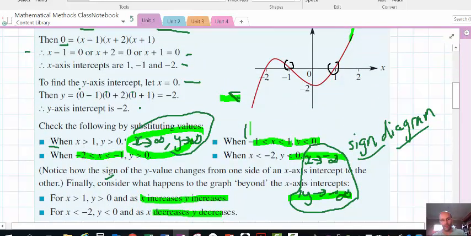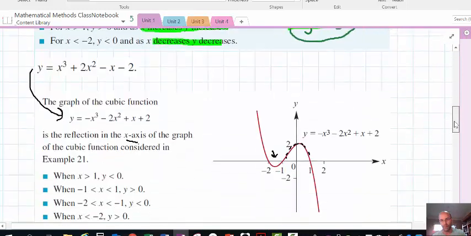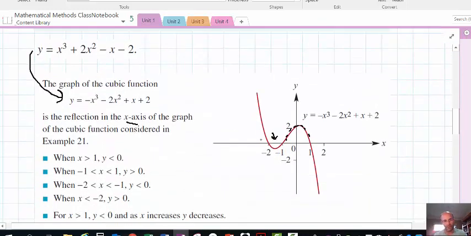The behavior, as we remember, as x approached -infinity, so did y on this one. As x approaches -infinity here, what does y approach? Y approaches positive infinity. Interesting.